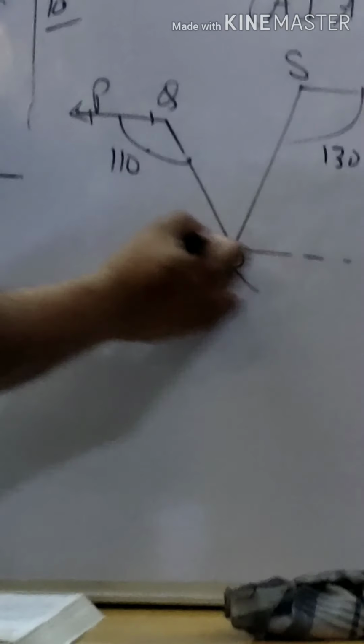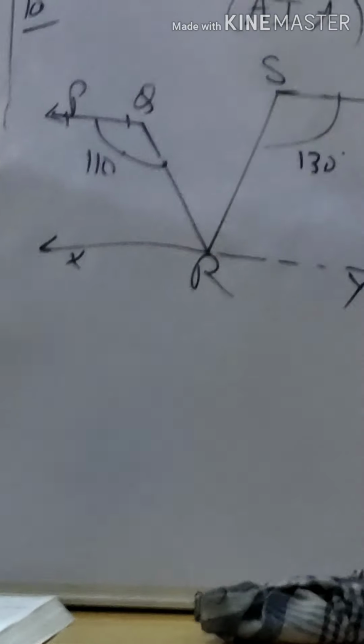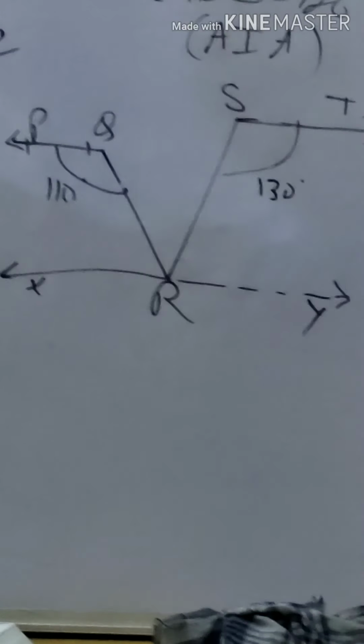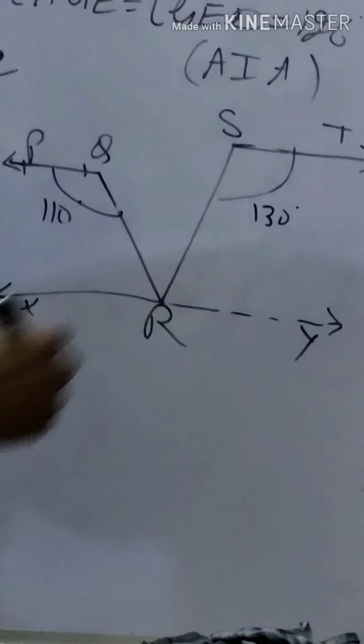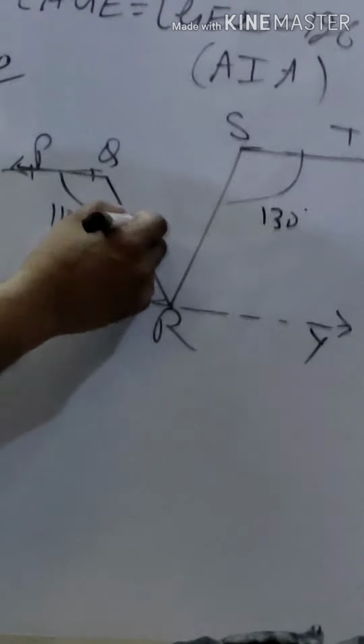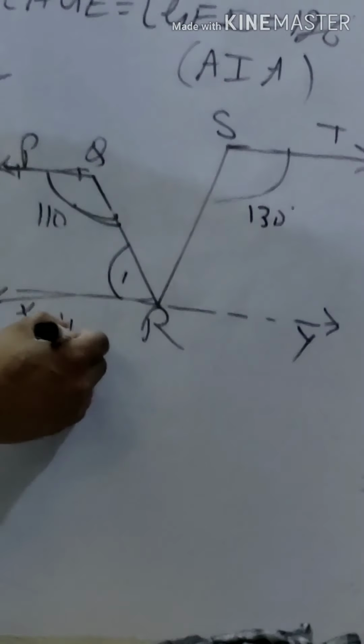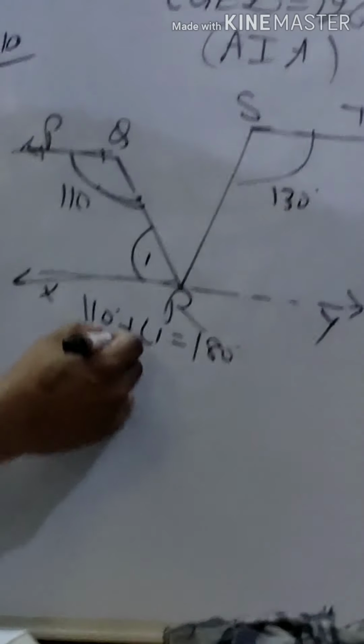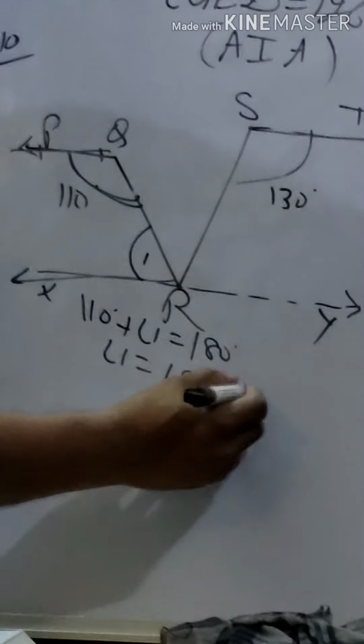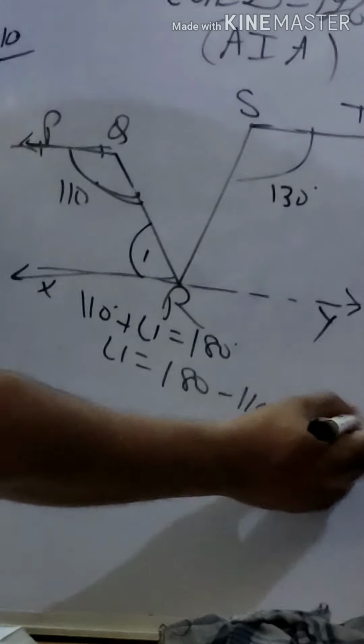From R draw a line which is parallel to PQ. Now we apply the simple co-interior angle property. These two lines are parallel, so 110 degrees plus angle 1 is equal to 180. Co-interior angles. So this is 70 degrees.